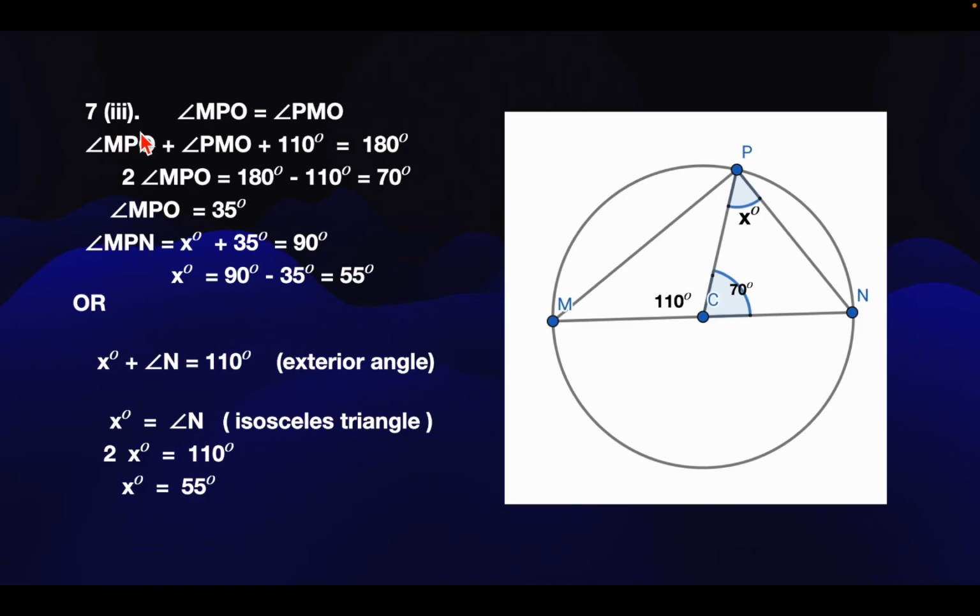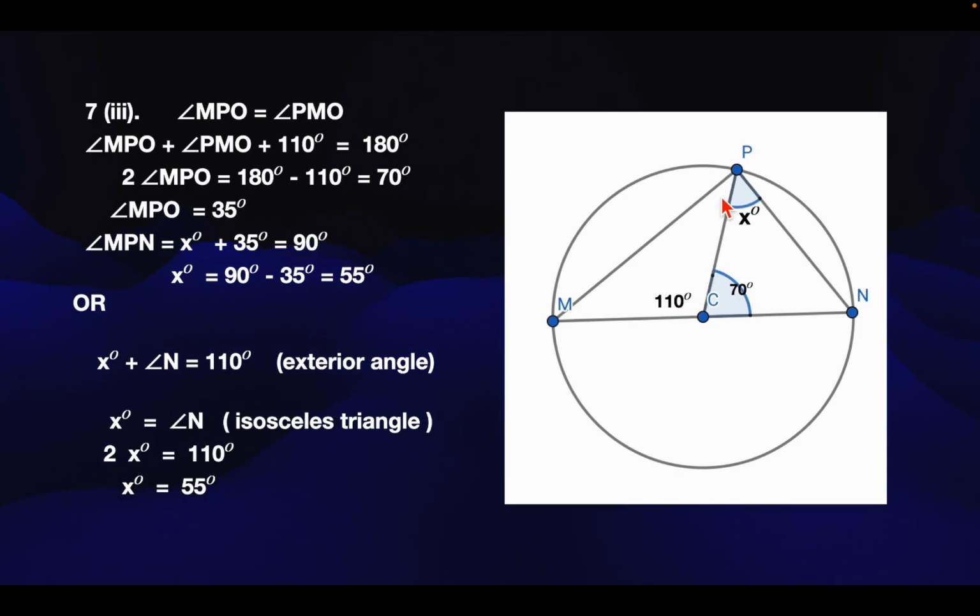Question 7.3. So this is the figure here. We are supposed to find the value of this angle x. They have given 110. Let's see what we can do. MPO plus PMO plus this angle is equal to 180.